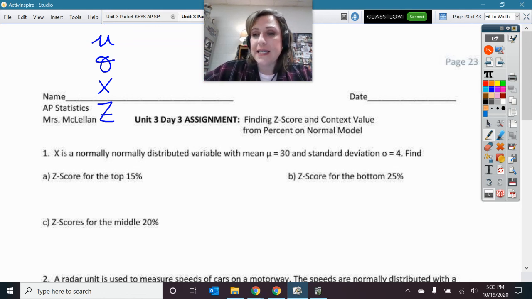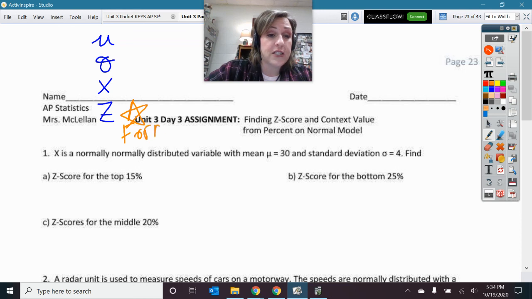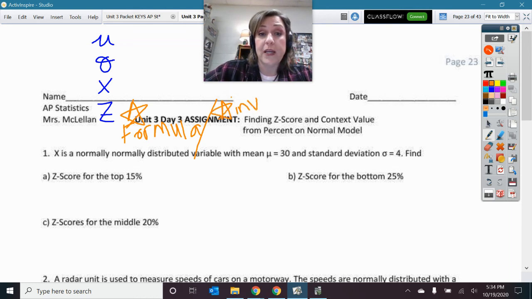The thing is that there are several different ways you could get a Z-score, depending on the information they give you. You may have to do it with the formula, X minus the mean over the standard deviation, or you may have to do it with the inverse norm of the area below as the Z at that spot.